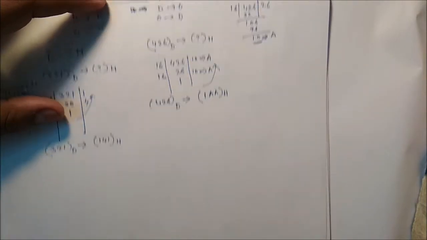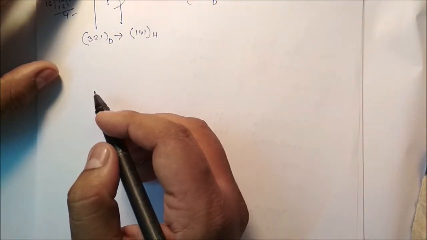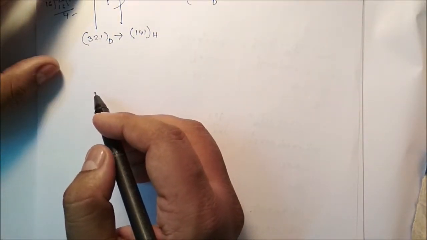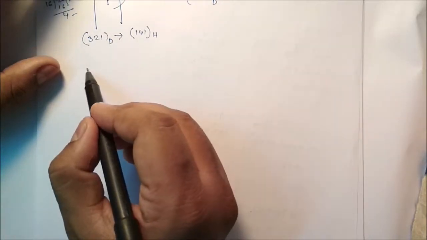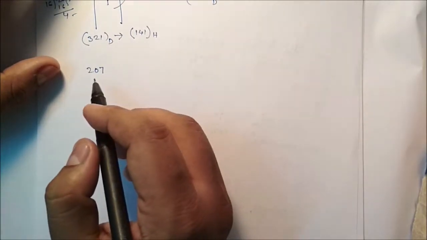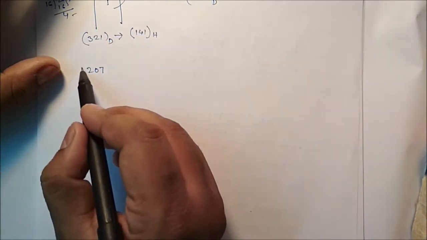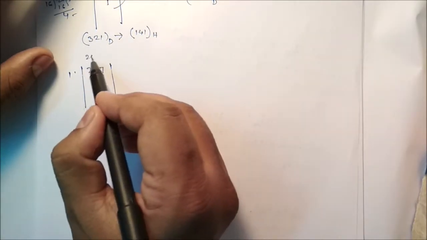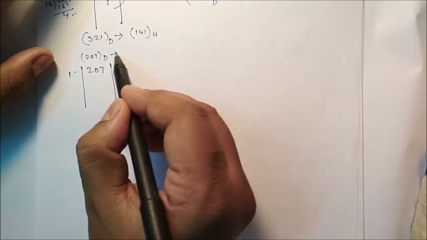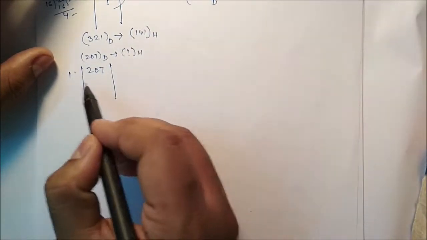Now we can check another example. Suppose our number is 207. We have to convert the number 207, which is in decimal, into hexadecimal.